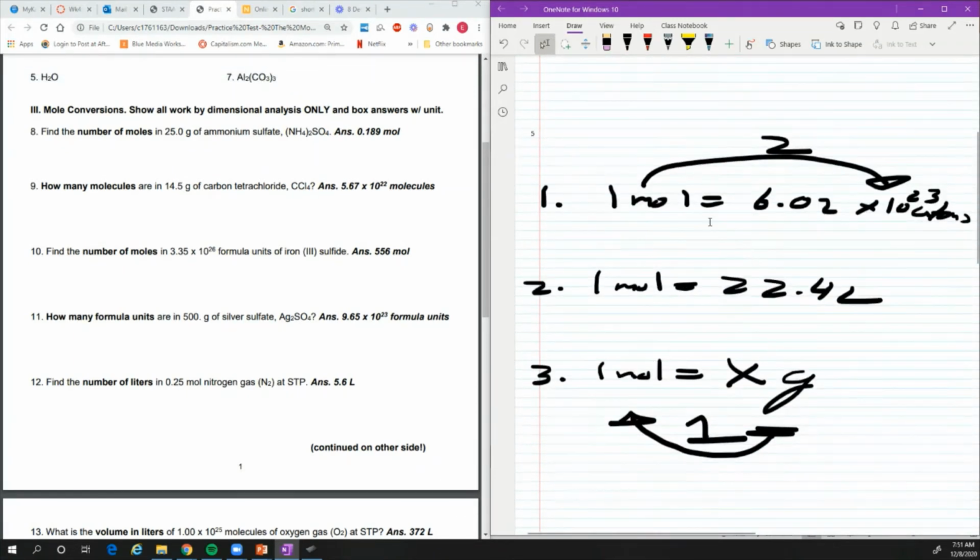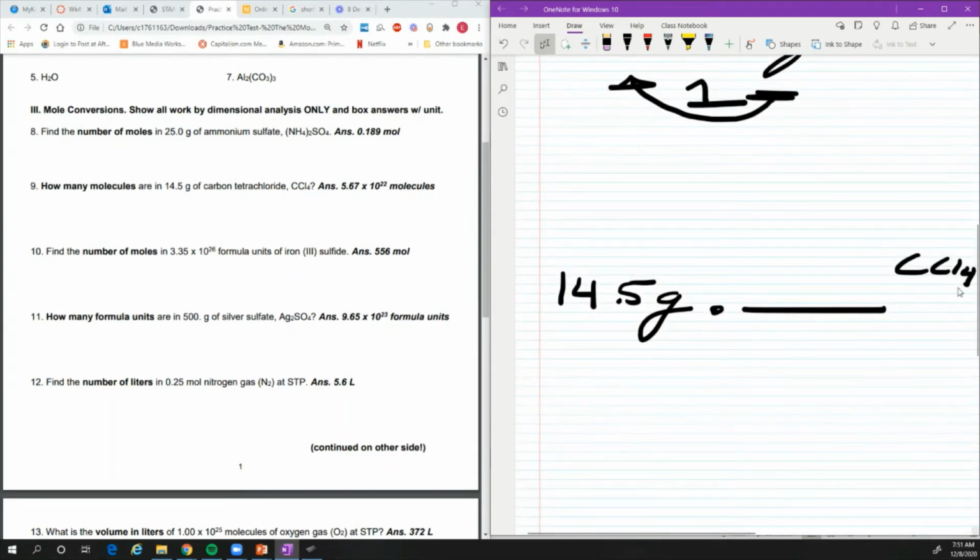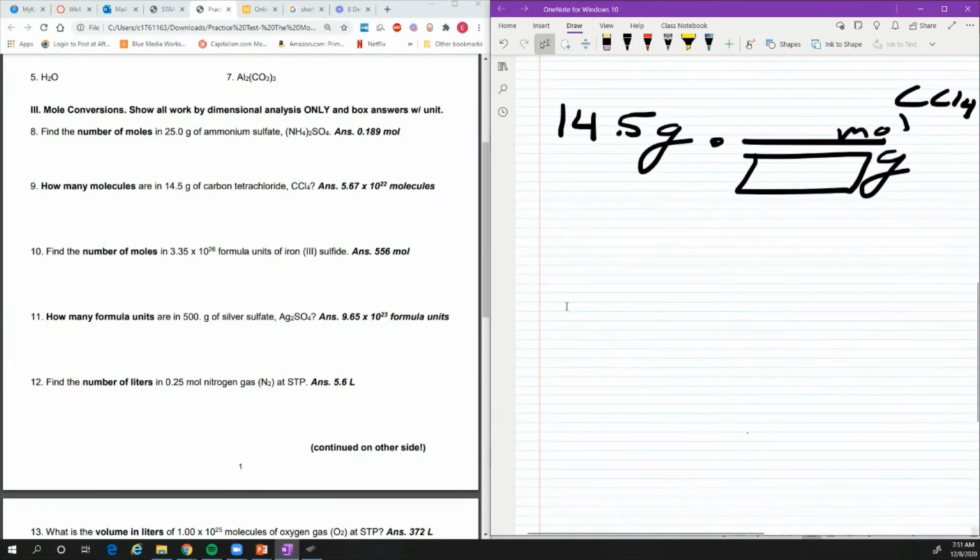So grams to mole. I can't use the first one, I'm going to be using the third one, grams to moles. So whatever the weight of this compound is, CCl4. I know that the top is going to be mole, because I need to get there, and then the gram is going to be on the bottom, and this is going to be whatever weight CCl4 is. So we have to do that first.